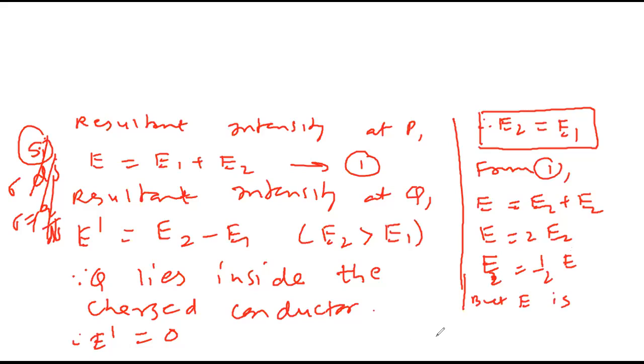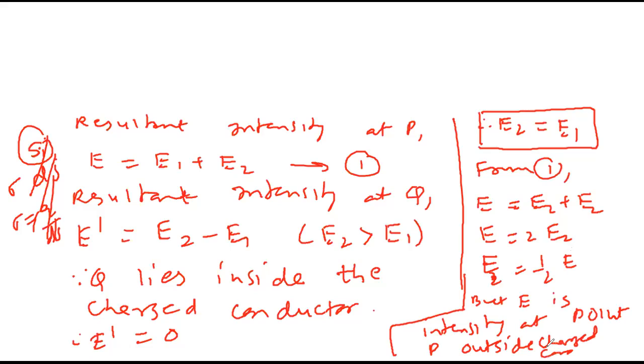Okay, very good. But E is intensity at point P outside charged conductor. Outside charged conductor. इतना लिख लो बेटा सब लोग. E is intensity at any point outside charged conductor.